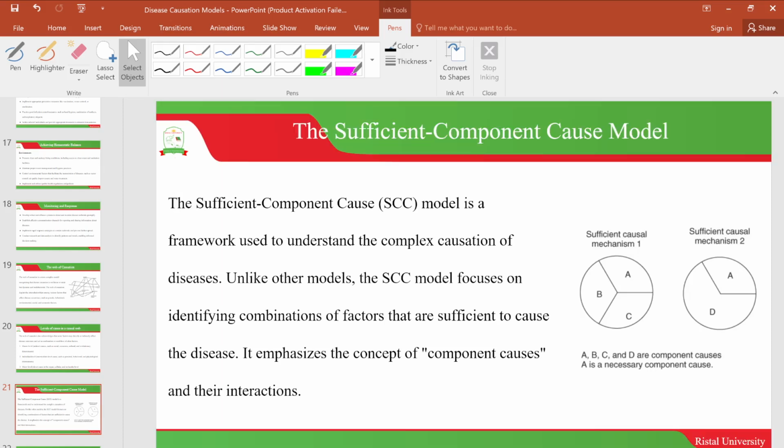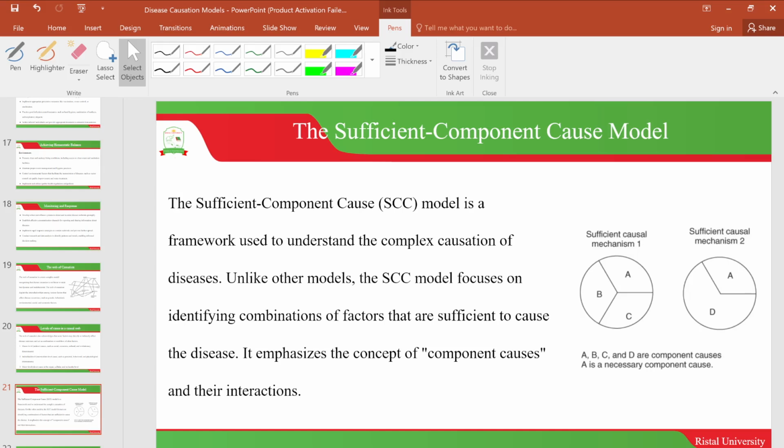Now, this model called the sufficient component cause model brings us back to what we earlier looked at when we talked about the necessary cause and the sufficient cause. So let's look at this. The sufficient component cause model is about knowing that you still refer back to different factors combining to result in a particular disease.